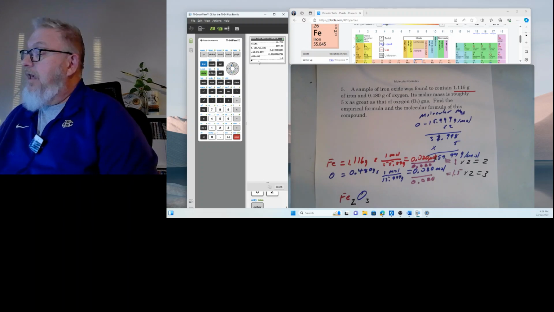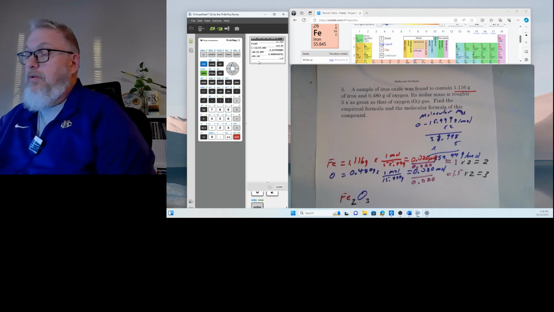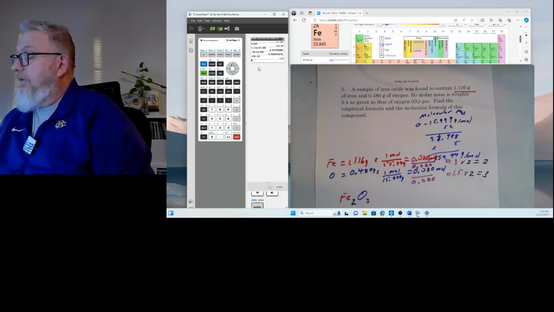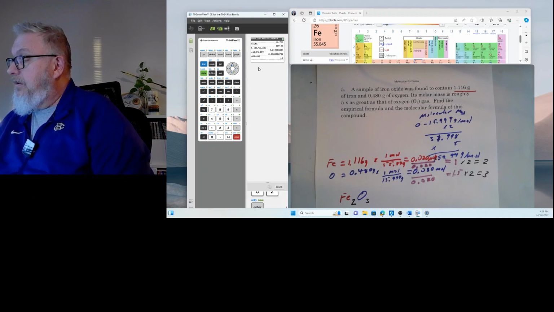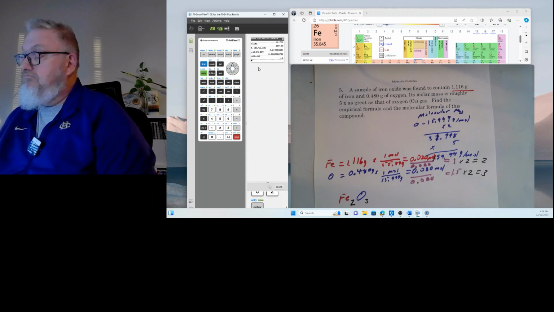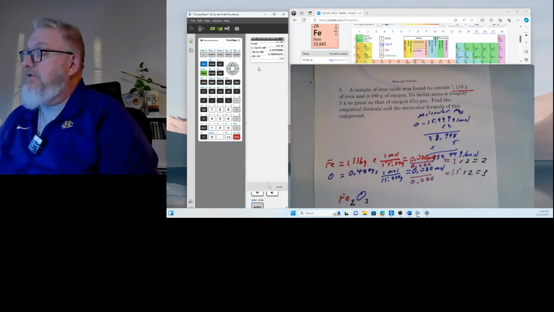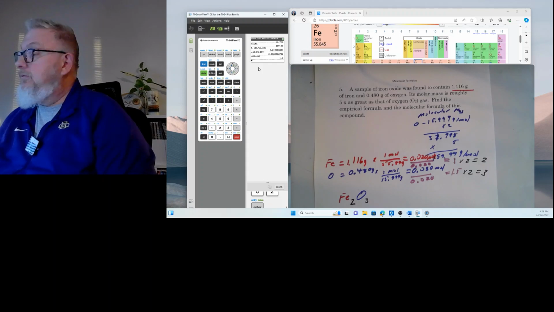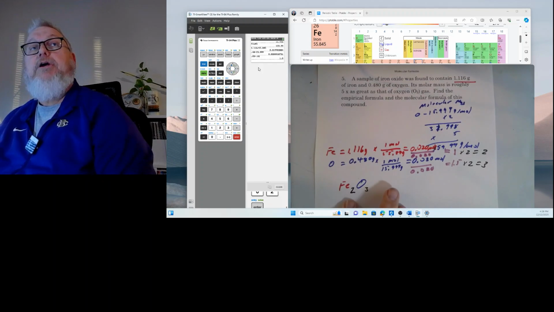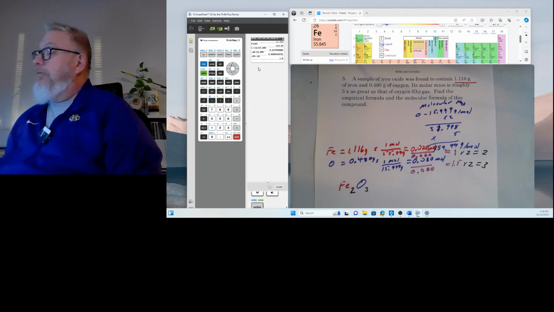So I could draw that in a picture form of 1, 2, and then oxygen. Okay? That would be the empirical formula. It's the least whole number ratio, okay? 2 and 3, that's the least whole number ratio.